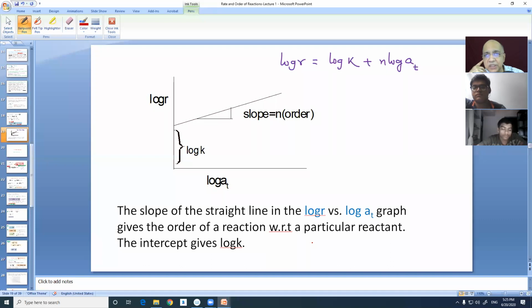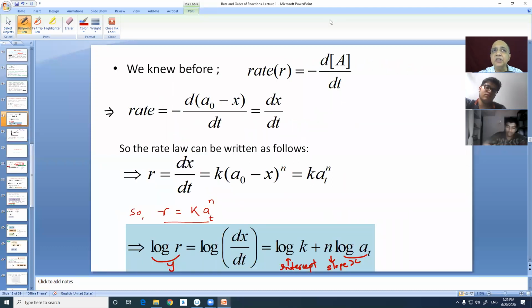And we monitor the order with respect to that reactant. And if the turn for the other reactant comes, then you keep A constant and measure the order with respect to B and so on. This is the way. Just write down. I'm giving you 2 minutes time. Write down that.